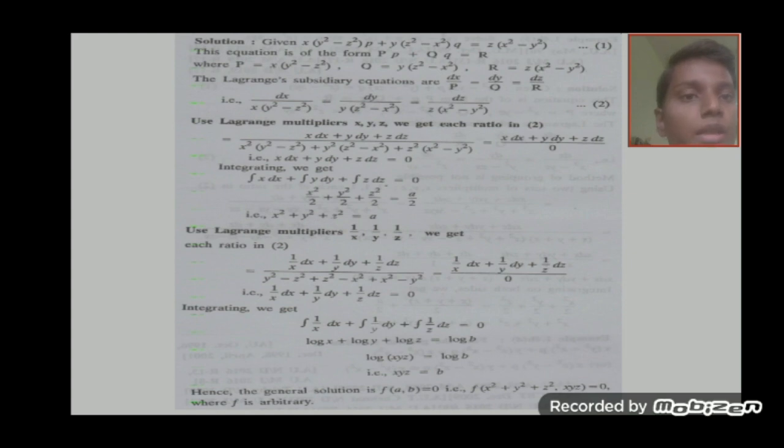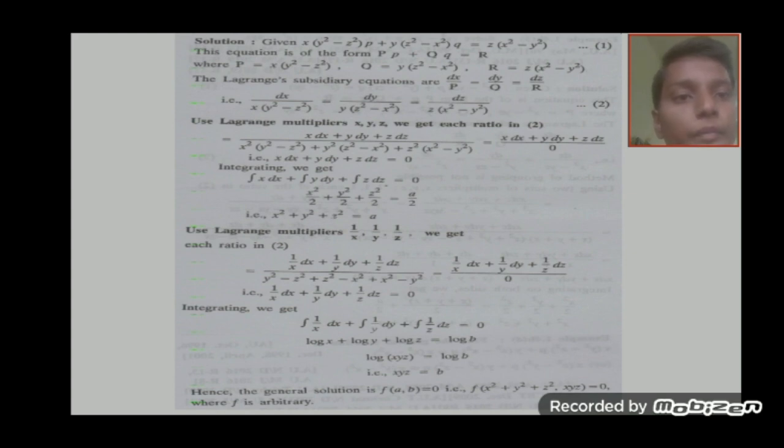We get each ratio as ((1/x)dx + (1/y)dy + (1/z)dz)/((y² − z²) + (z² − x²) + (x² − y²)) = ((1/x)dx + (1/y)dy + (1/z)dz)/0. That is (1/x)dx + (1/y)dy + (1/z)dz = 0.